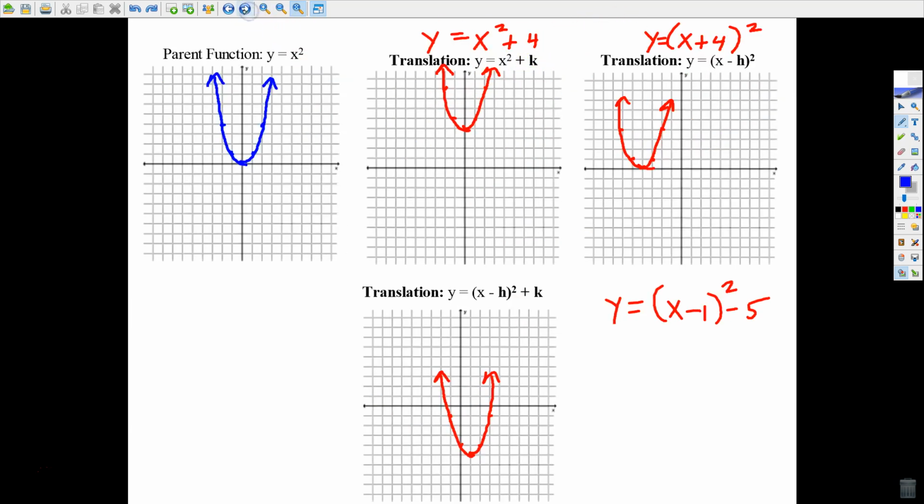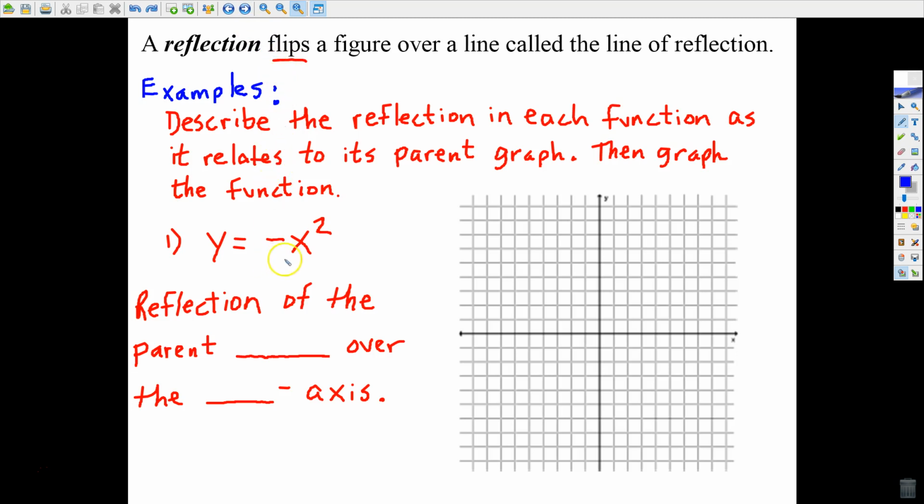Well, you can think the same thing when it comes to the flip. When the minus sign is not inside parentheses, or in other words, it's outside any kind of grouping symbol, that's got to be a vertical flip. It's got to reflect. Let's first of all fill in the blank. This is the parent, y equals x squared. You should be able to recognize the original parent, and there's only 3 choices today for tonight's homework.